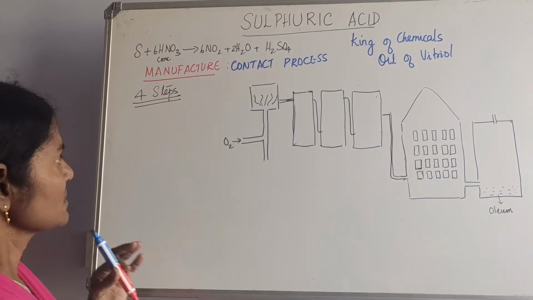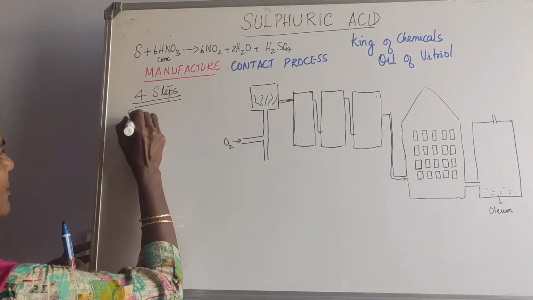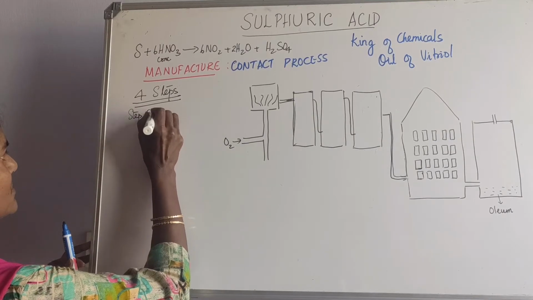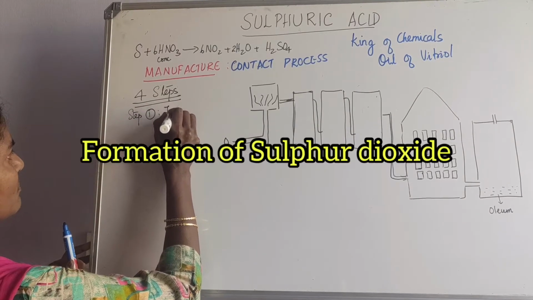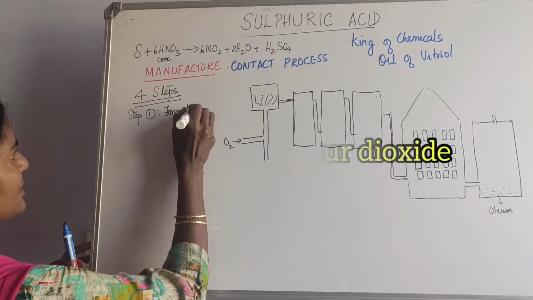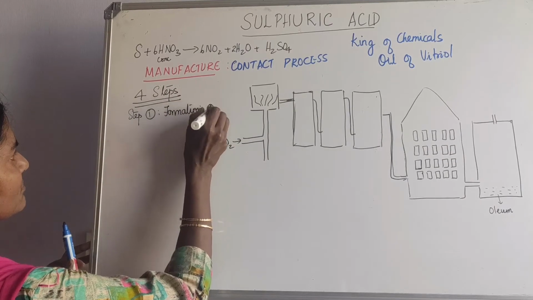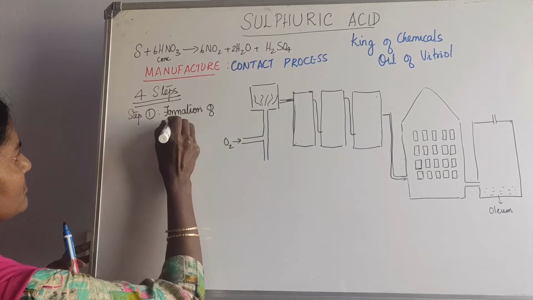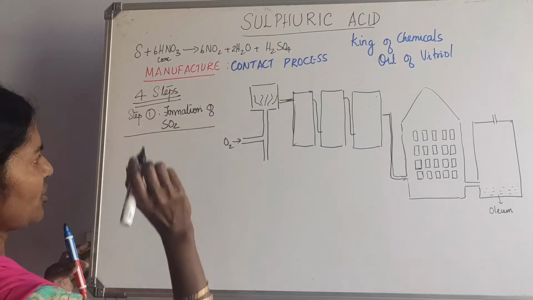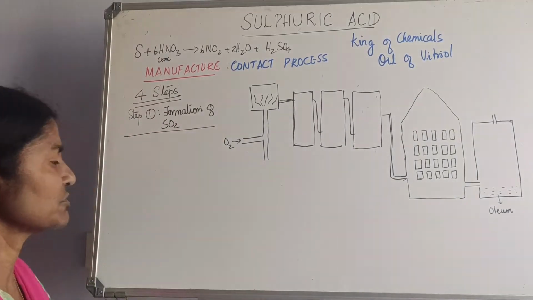The first step, step 1, is formation of sulfur dioxide. How do we get sulfur dioxide?